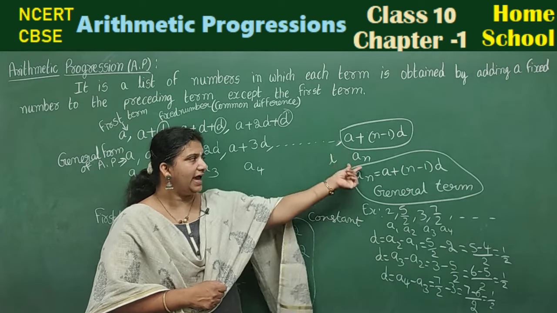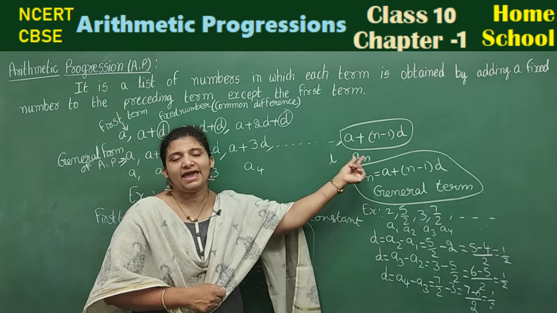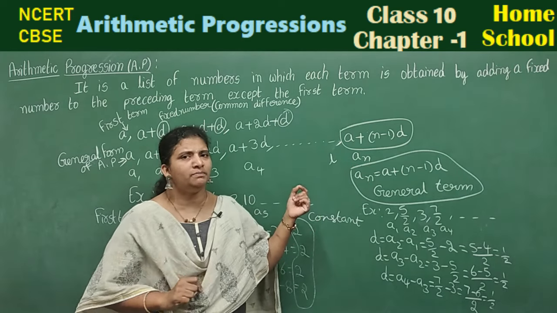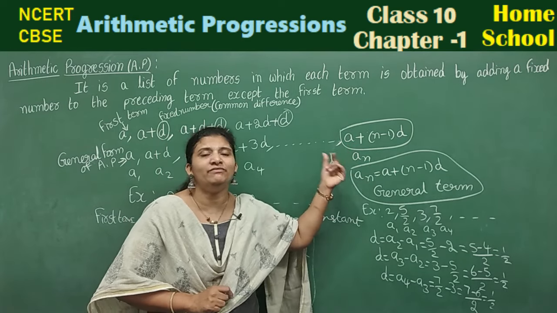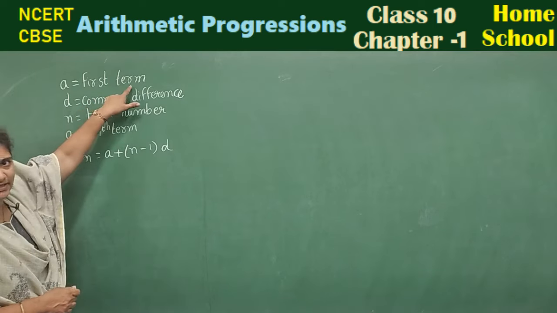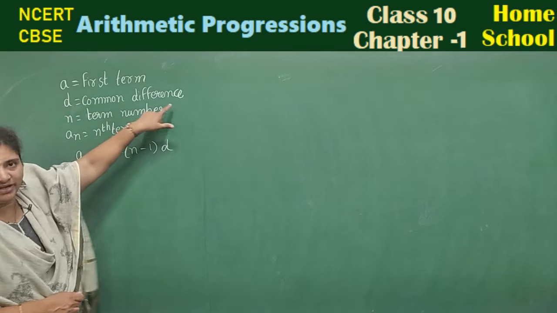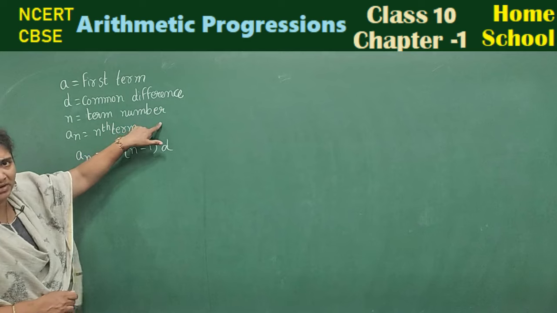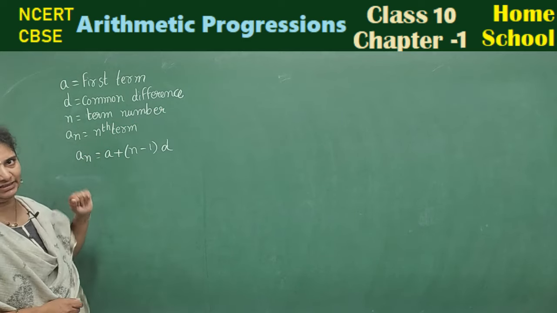Last term An or L, n is the number of the term, An is the term value. A is the first term, D is the common difference, n is the term number, An is the nth term.